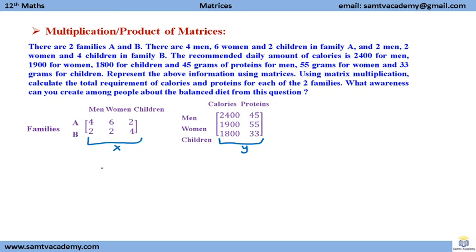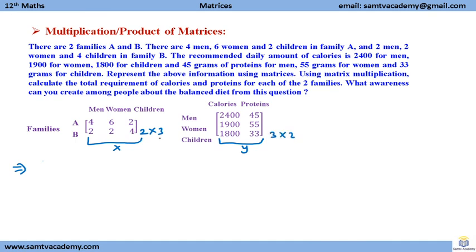So what is the order of these matrices? This is a 2 by 3 matrix, and this is a 3 by 2 matrix.